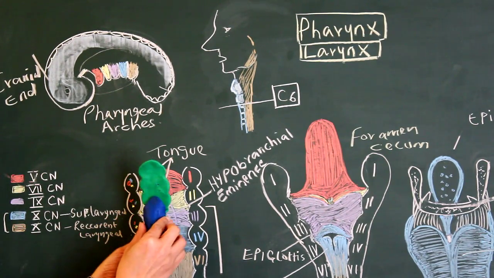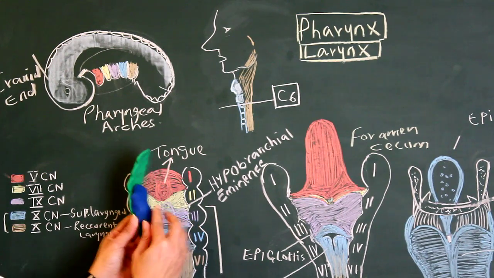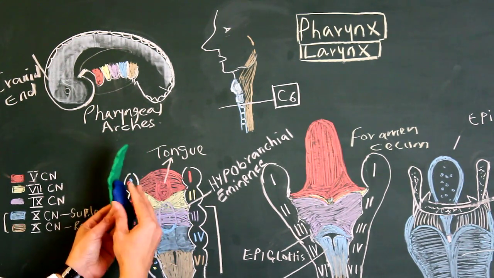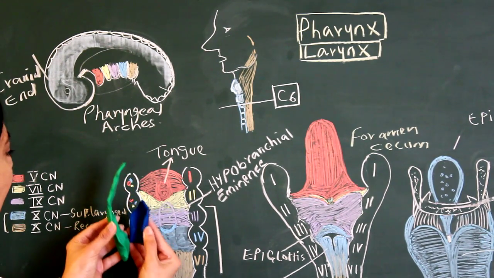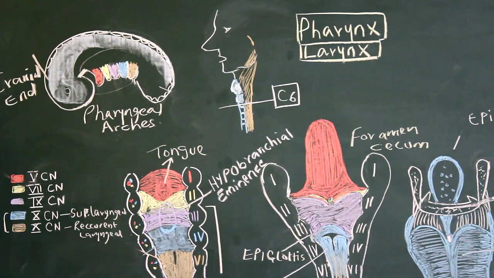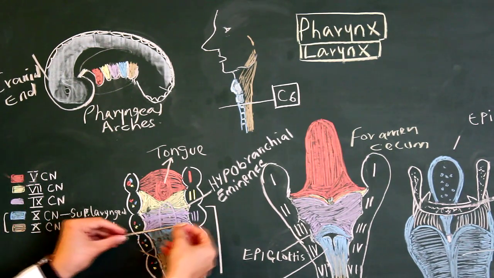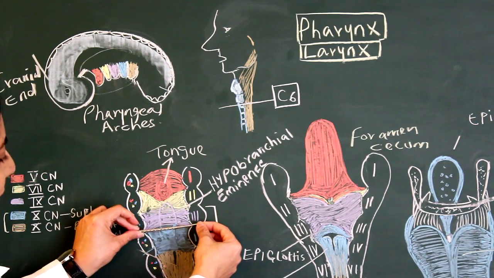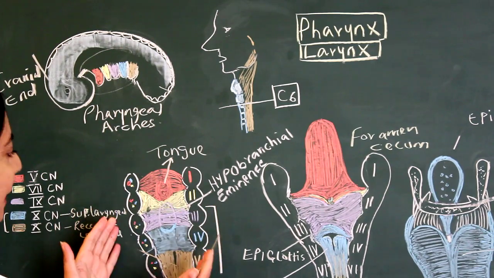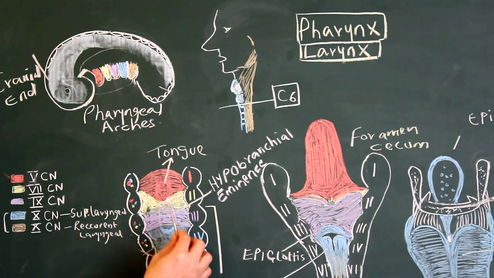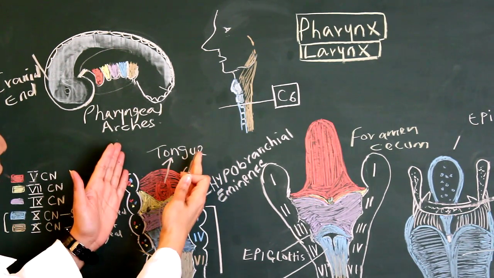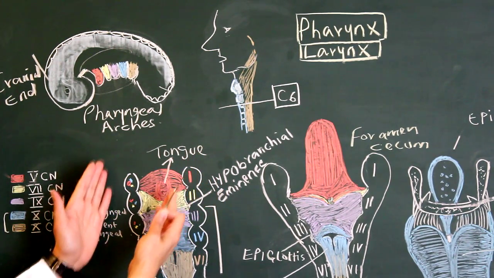Now I have opened up the pharyngeal apparatus, and you are looking at it from inside. We are not concerned with these first 3 arches, but I have to give you a little bit of overview so that you will be able to know what is happening here. The first arch ultimately is going to give rise to the anterior 2/3 of the tongue, which is present in our oral cavity.